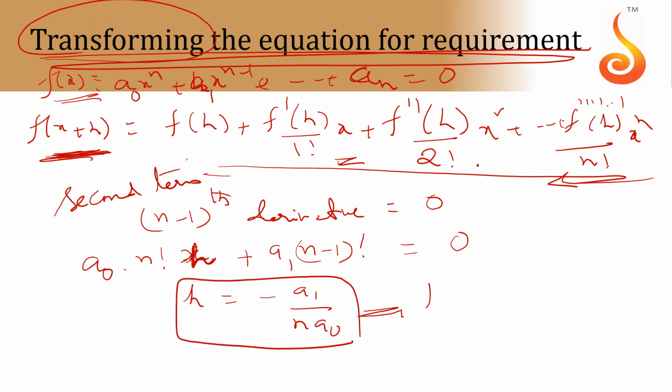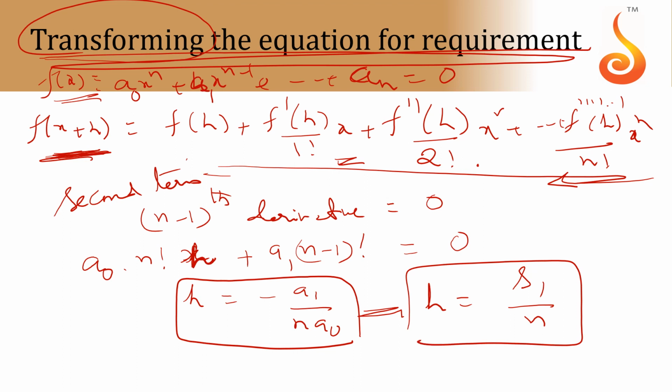So can I say minus a1 by a naught is nothing but s1, so h is s1 by n. Can I call this, in statistical language, the average of roots? So please observe, if I choose h as the average of roots, in the transformed equation you don't find the second term.